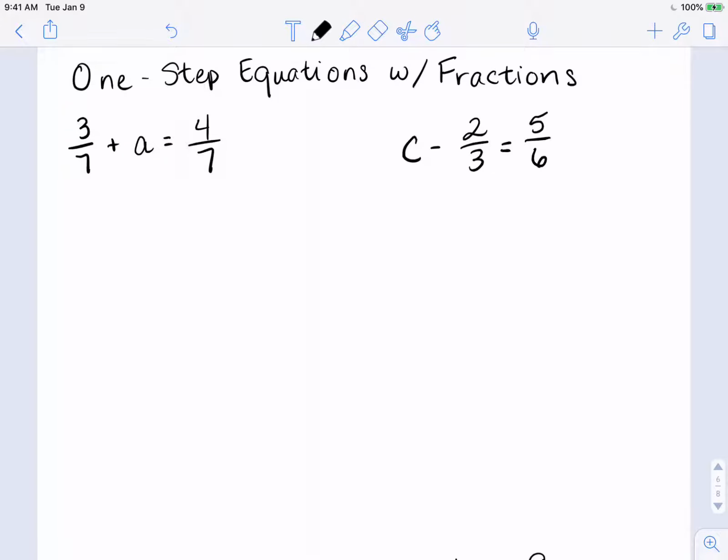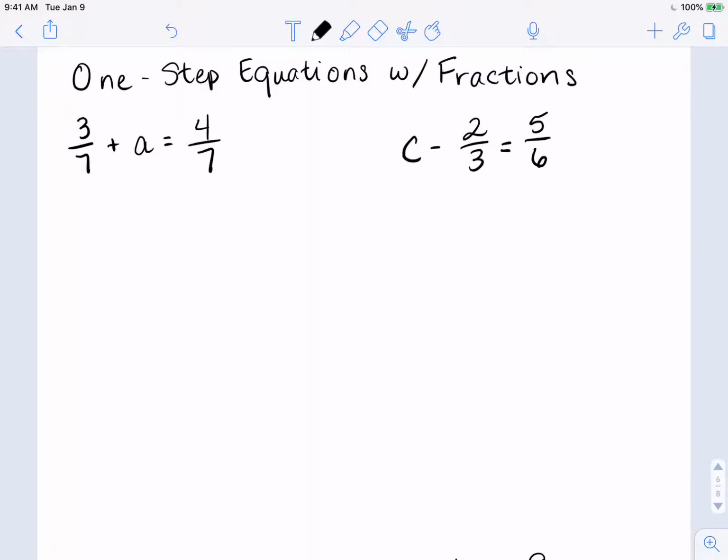All right, y'all. This is a little bit more of what we talked about today with fractions and 1 and 2 step equations. As you can see, we've got a couple right here. 3/7 plus a equals 4/7. So we're going to treat this just like we would any other one-step equation.